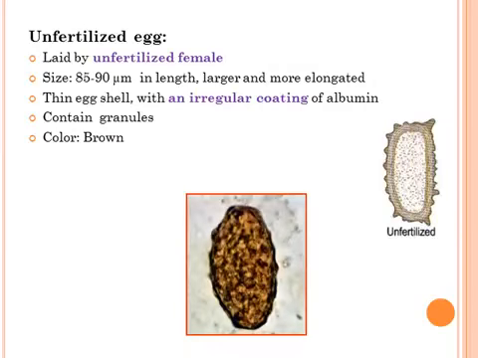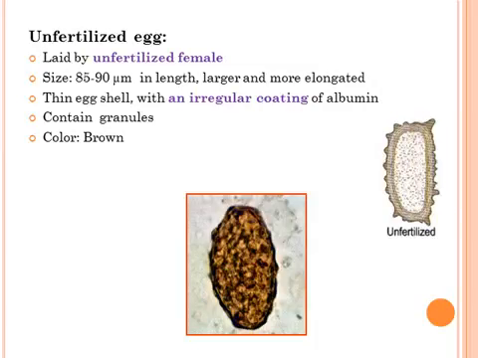There is a second type of ova produced by the adult female. It's called unfertilized eggs. Unfertilized eggs are produced by an unfertilized female. The size is larger than the fertilized ova. It is irregular, larger and more elongated.